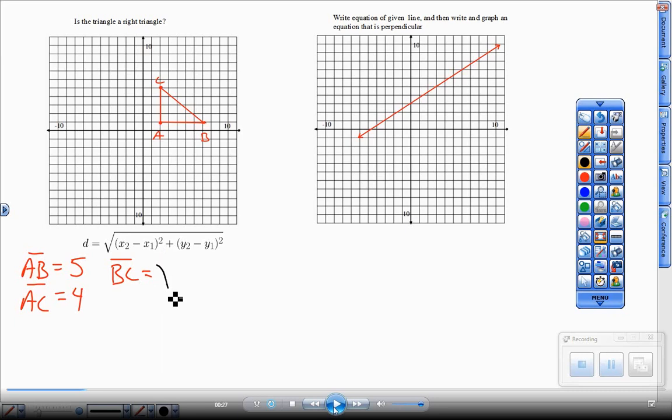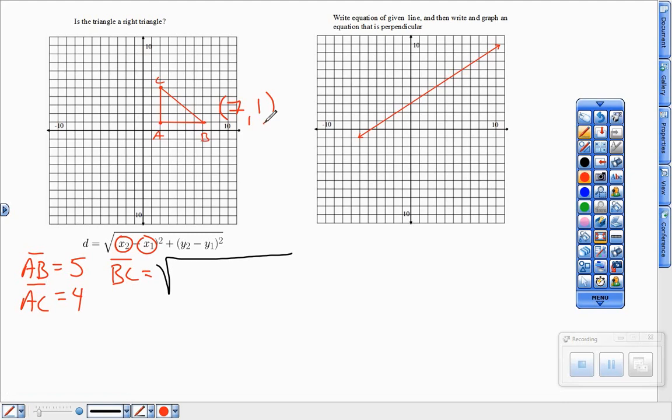And the distance formula just has you take the two x coordinates from these two points, find the difference of them, take the two y coordinate numbers from those points, find the difference, subtract them, square them, and then square root them all.